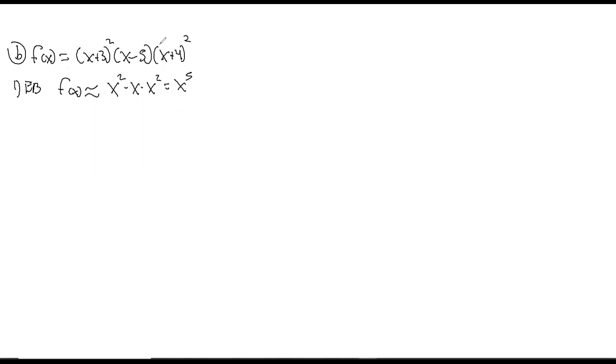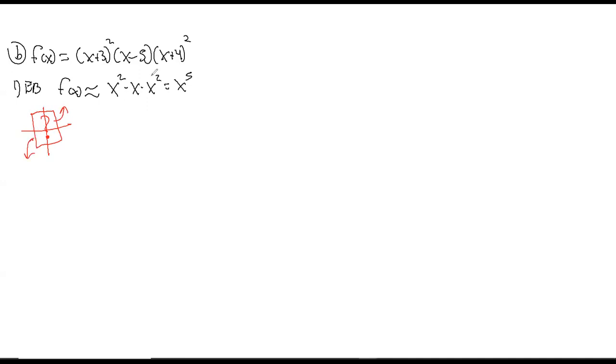So we have no idea what happens for now in the main section of the graph, but we know the ends. X to the 5th should look like x to the 3rd. It'll go up on the right and it'll go down on the left.